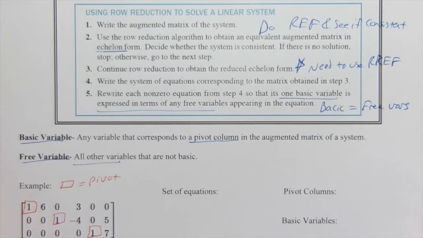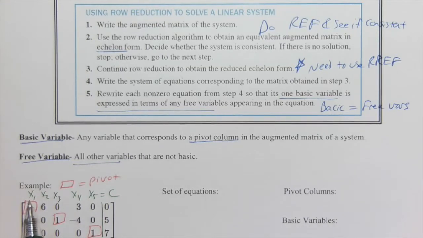Now let's also remind ourselves that the columns are the variables, right? So this is the x1 column, x2 column, x3 column, x4 column, x5 column. This is the equal sign, and then we have the constants in the last column. And so if we want to think about what the pivot columns are, the pivot columns are the ones that have pivots in them.